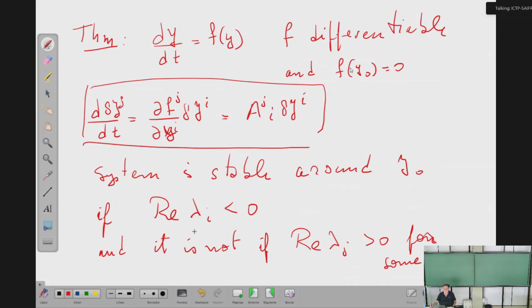Notice that here we don't have the equal case because in the nonlinear case we cannot treat it; we need more information. But at least you know that if these eigenvalues have negative real part, then the system is stable. And if some of them has a positive real part, you know it is unstable. So if you want to look at this theorem, it's in the notes, but we are not going to prove it.